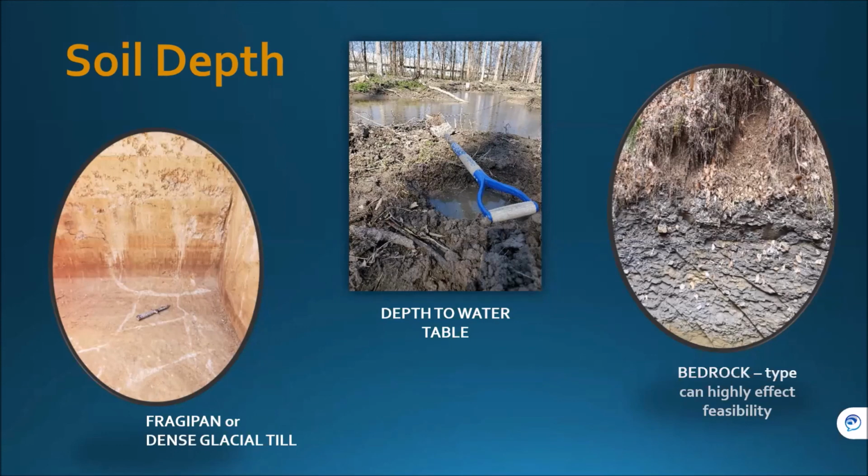But this particular picture is some siltstone. This is normally some pretty good stuff to have underneath because it's really fine grained and doesn't let the water move through it too quickly. So it's pretty tight. Next slide, please.